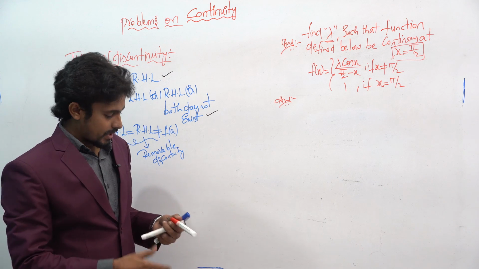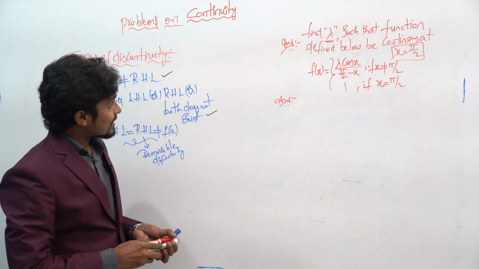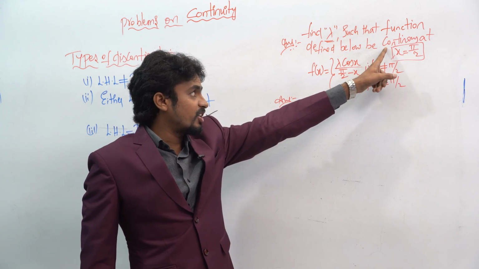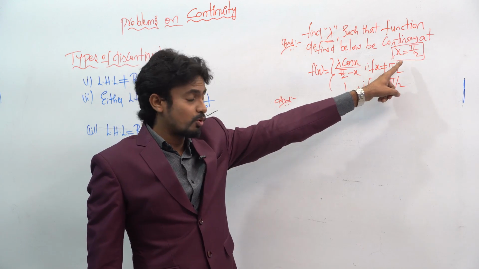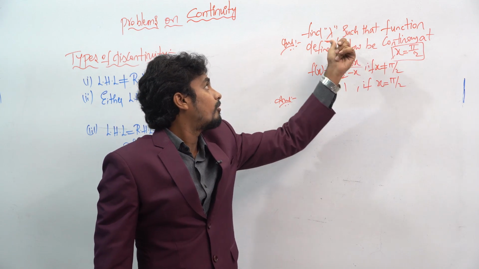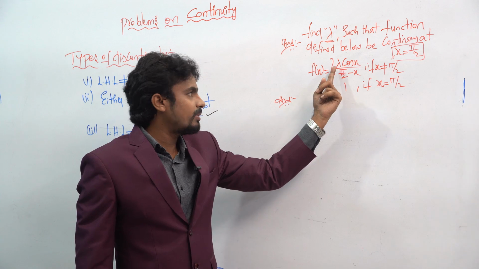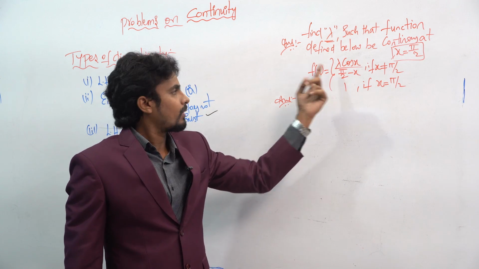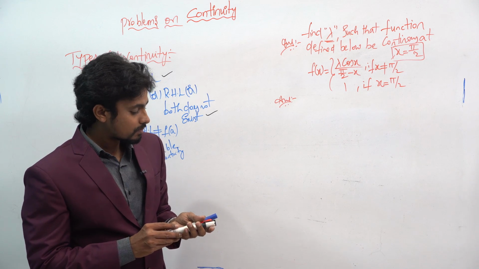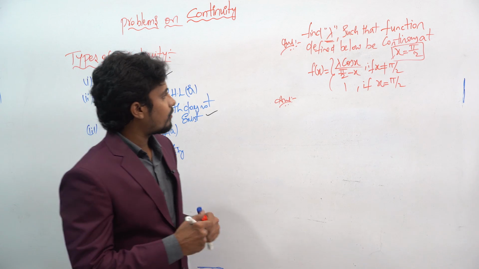Okay, this question also you can see: find lambda such that the function is defined. We have to check whether it may be continuous or discontinuous at x equal to pi by 2. In this question our target is to find lambda. What will be the lambda? Here you can see what is given for f of x.